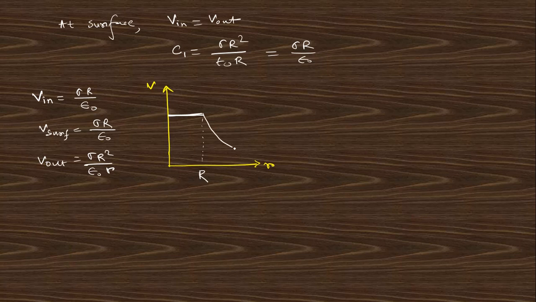So like that, this is inside, this is outside, and this value will be sigma R by epsilon naught. I think it is clear about this expression, sigma R by epsilon naught. This is in case of the uniformly charged spherical shell. Clear?